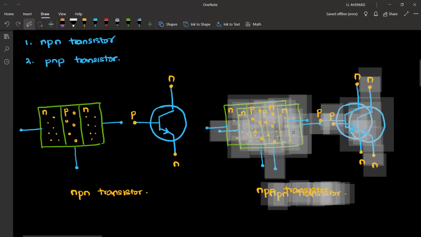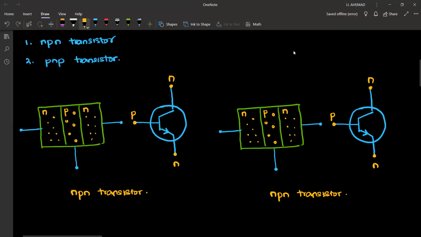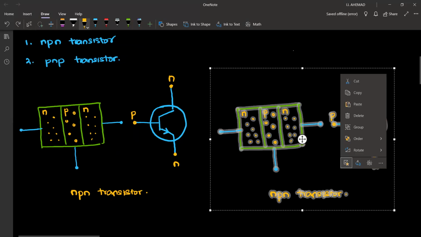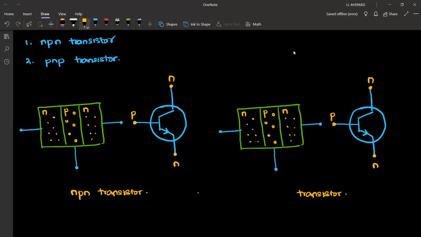So PNP transistor, we have the opposite. So this is P region, this is N region, and this is P region.